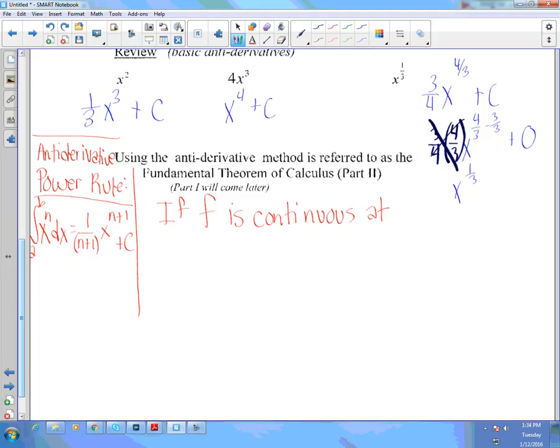We have the MVT, IVT, EVT: the mean value theorem, intermediate value theorem, extreme value theorem. The specific words we need to make sure are checked off.